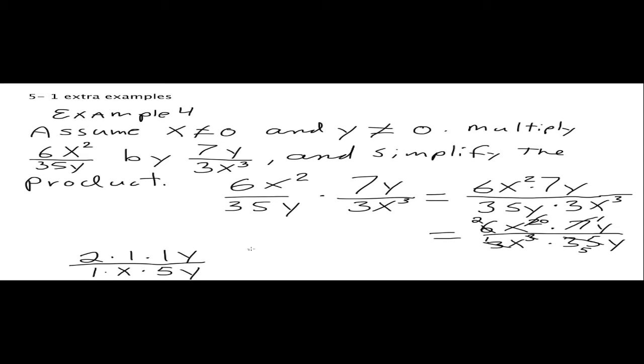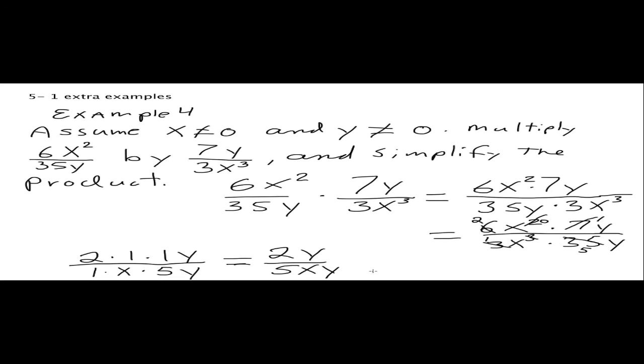And now the ones are just identities, so I don't need to worry about those. I'm going to end up with my final equation, which is, let's see, 2y over 5xy. And it looks like it's not my final equation.